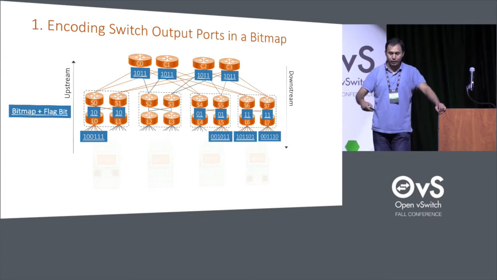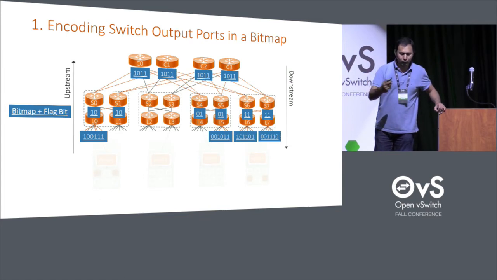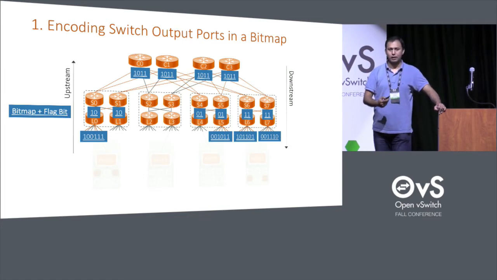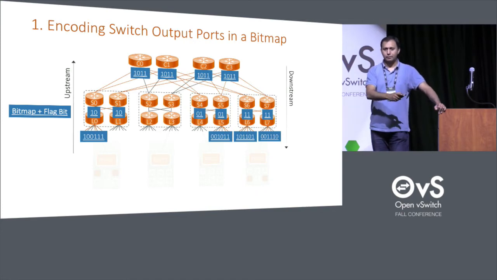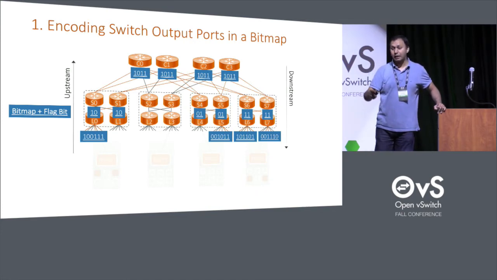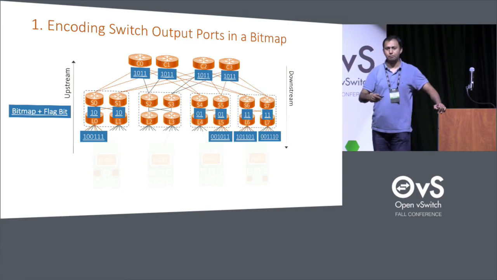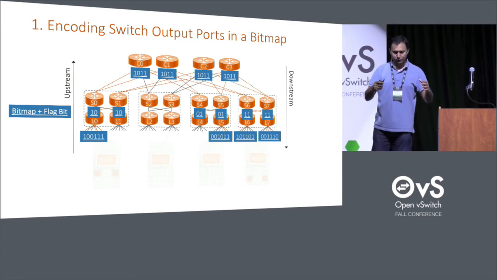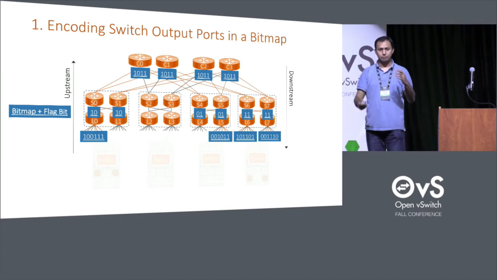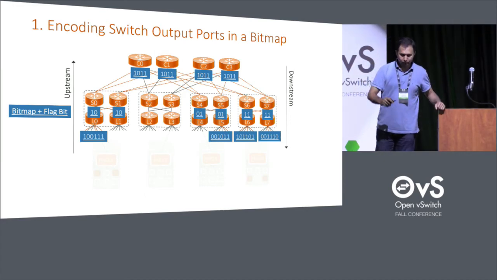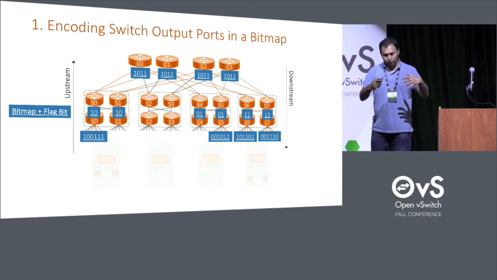And then when going upstream, what we do is we use a flag bit that tells the switch, if that bit is set, to use the underlying multipath policy like Conga, ECMP, or Hula to route the traffic upward. So this is how we represent our multicast tree using bitmaps. So next, to further reduce the size, this is one way.